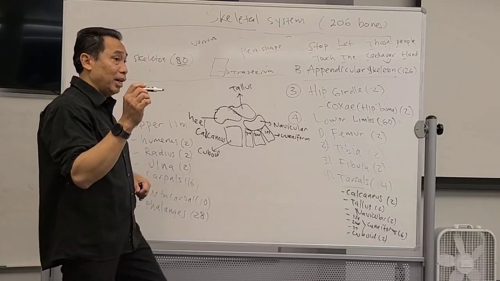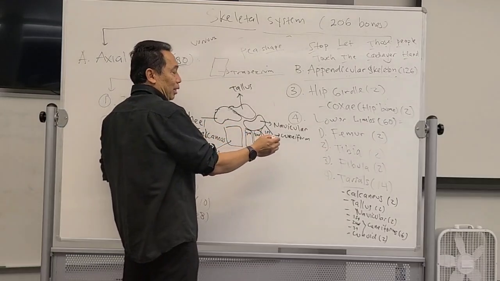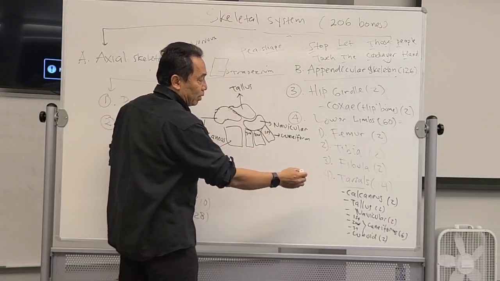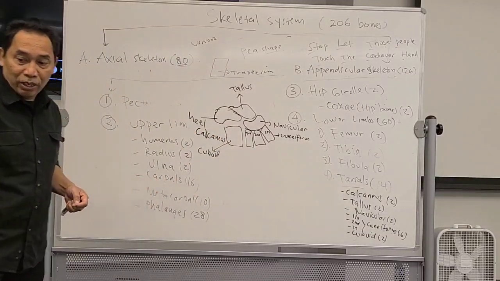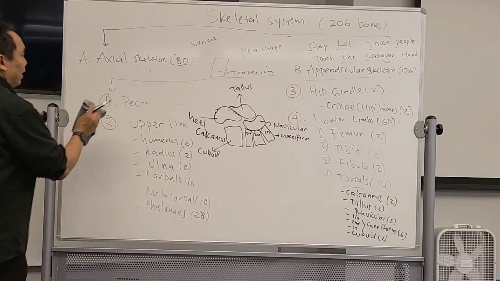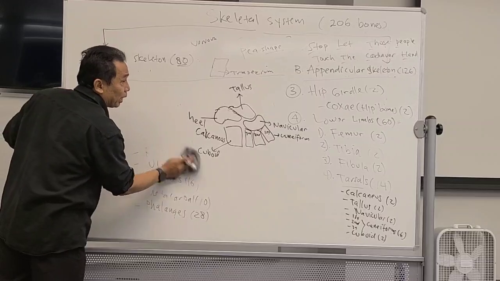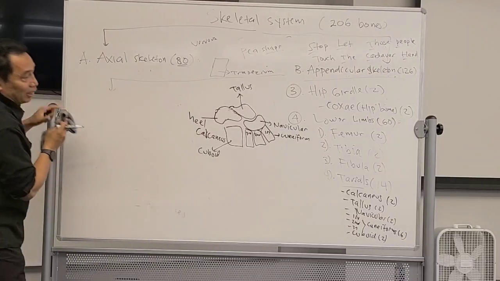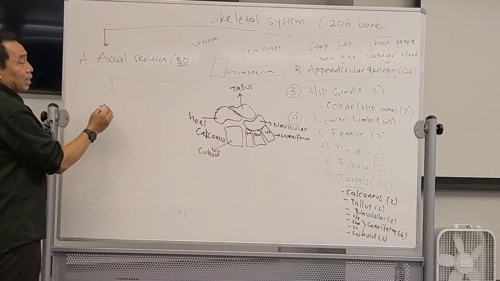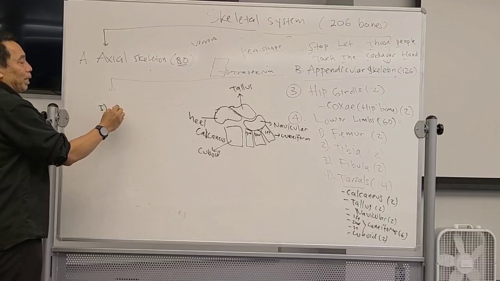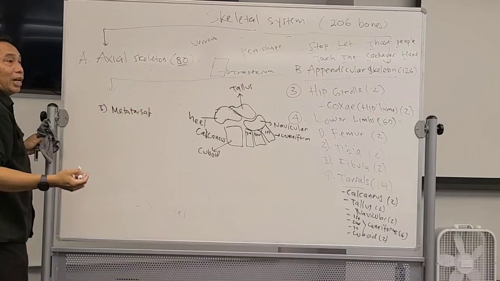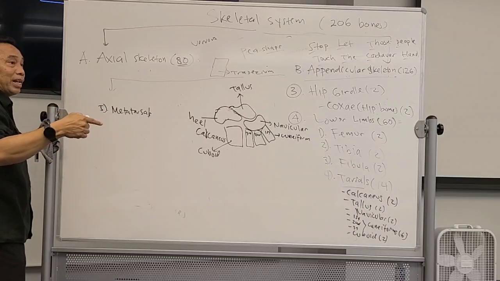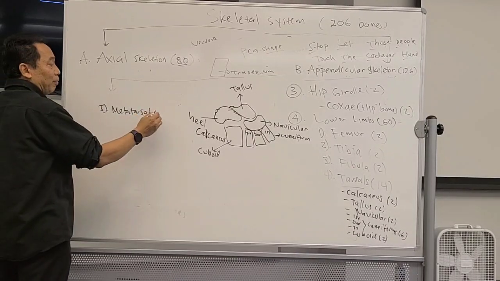Okay, got it? Now, after the tarsal, the 5th group will be what? You know, in the carpal, under the carpal you have metacarpal, right? So over here, under the tarsal, you're going to have what? Metatarsal. How many? The same as metacarpals. 5, right?